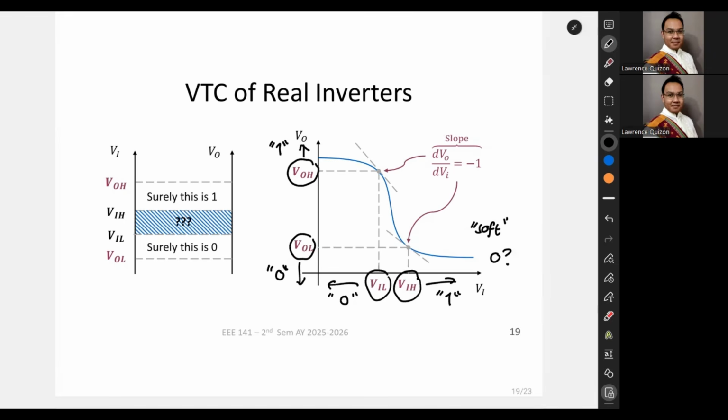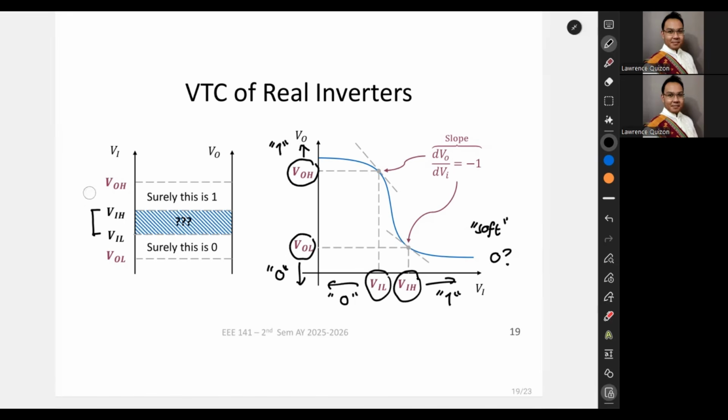You can see that in most voltage transfer curves, if you put VOH, VIL, VIH, and VOL in the same y-axis together, VIH and VIL will always end up between VOH and VOL.